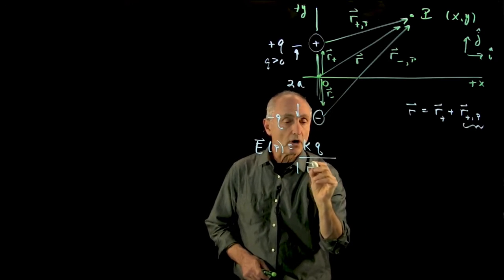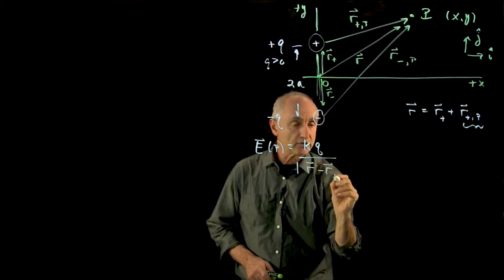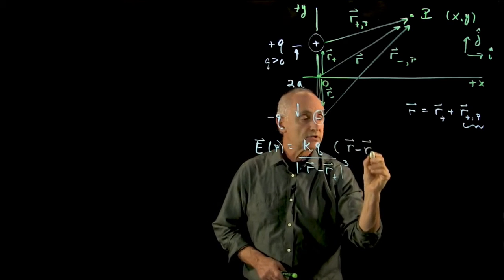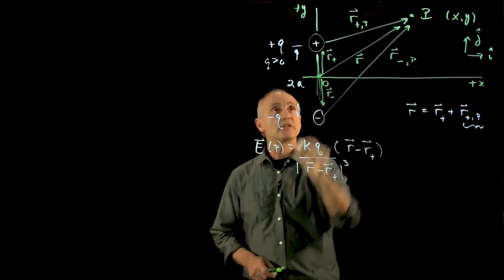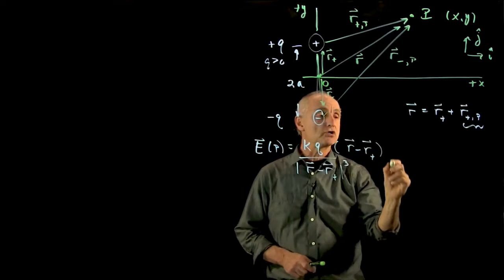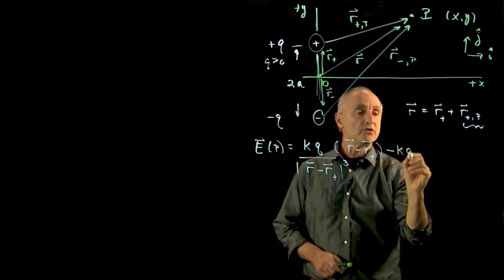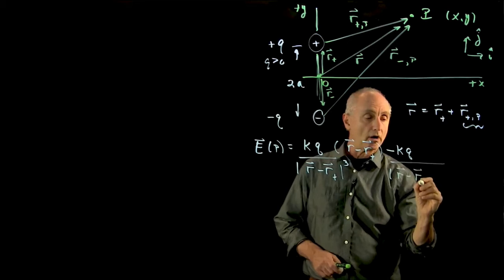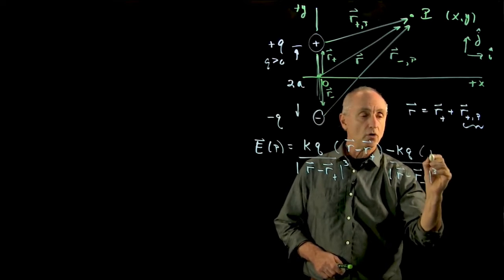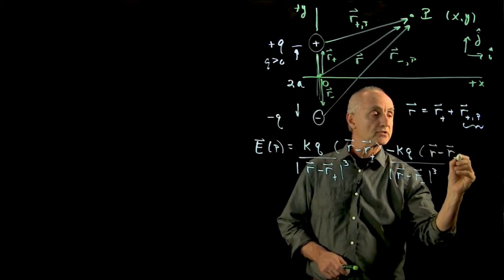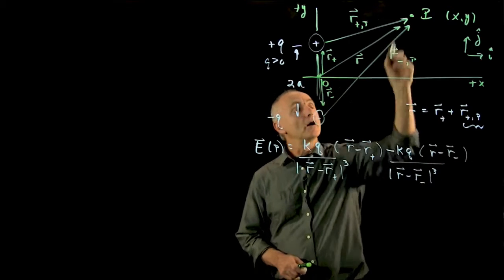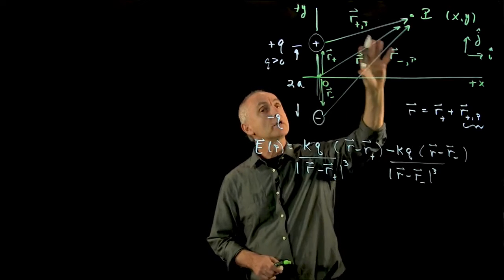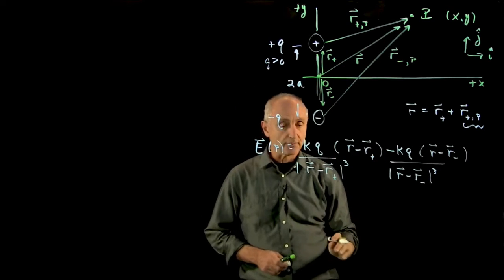So we have the vector r minus r plus, that was cubed. And upstairs, it was r minus r plus. And that was the electric field associated with the positive charge. With the negative charge, it's minus q. And it's exactly the same type of result, r minus cubed over r minus, where we used a more compact way of applying Coulomb's law in a coordinate system.